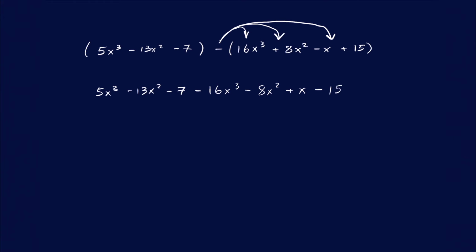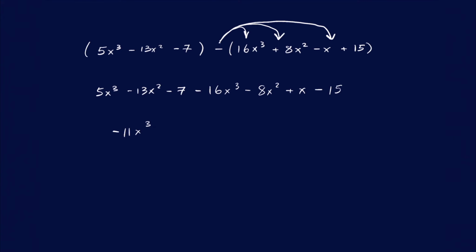So we'll go ahead and simplify this. First of all, we're just going to combine like terms, so it's pretty easy. We just need to subtract 16x cubed from 5x cubed. Since they're like terms, they both have an x cubed. So 5 minus 16 is going to give us negative 11x cubed. Then we have negative 13x squared and negative 8x squared.